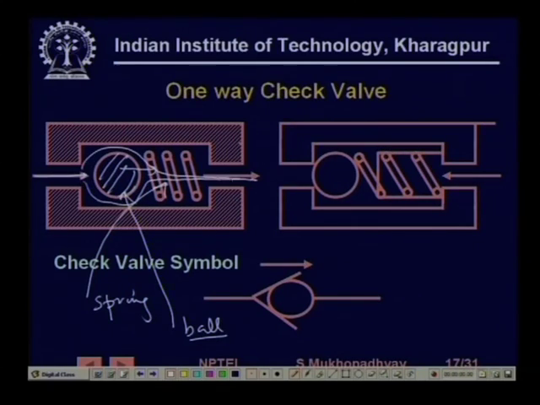But when the flow is in this direction, the ball will be pushed in this direction, and it will come and settle and close this port. So, fluid cannot flow from this direction to this way, while it can flow freely through this. This is a symbol which shows that the flow direction is this, and this way it cannot pass.